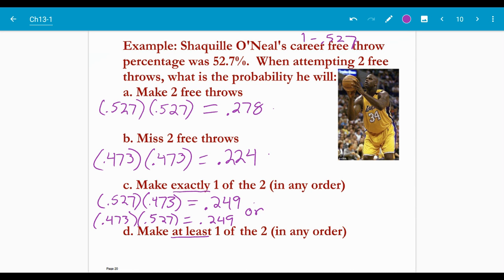Or means add. We add these two probabilities together to get our overall probability. 8 carry the 1, 9. There's a 49.8% chance that he will make exactly one of the two in any order. Okay, make the first, miss the second, or miss the first, make the second.